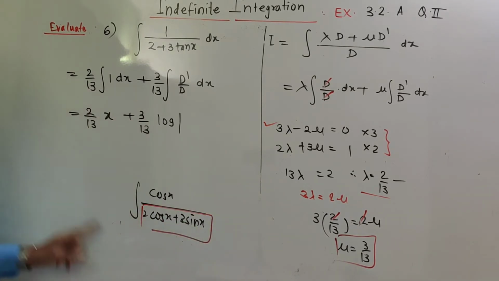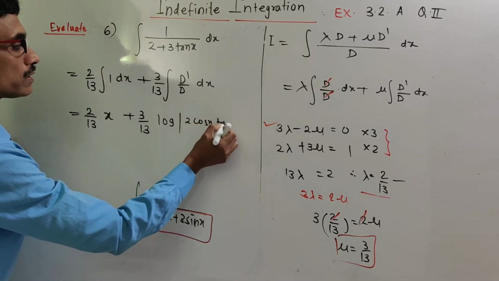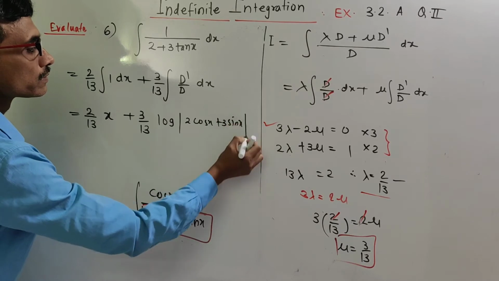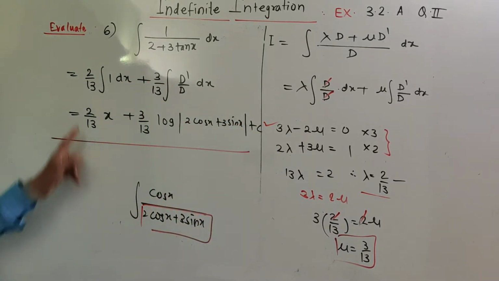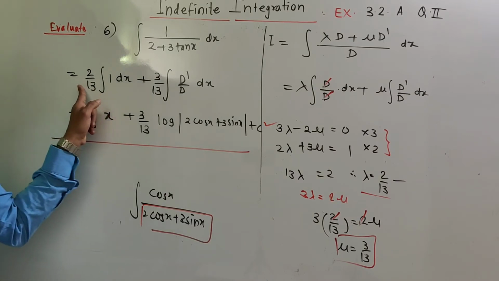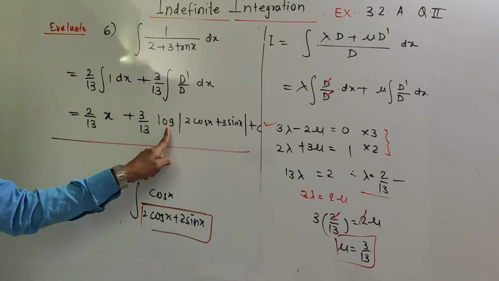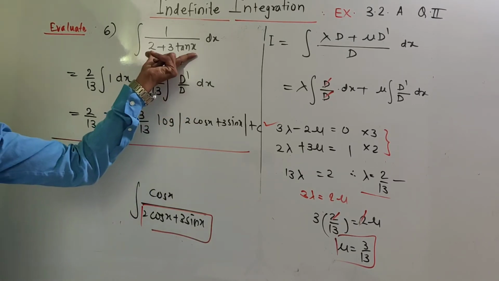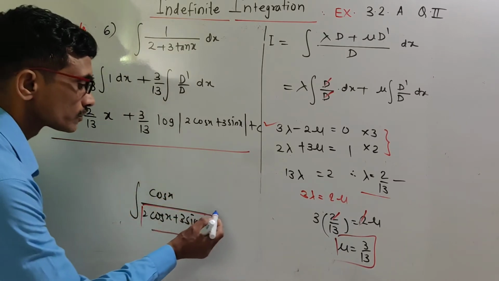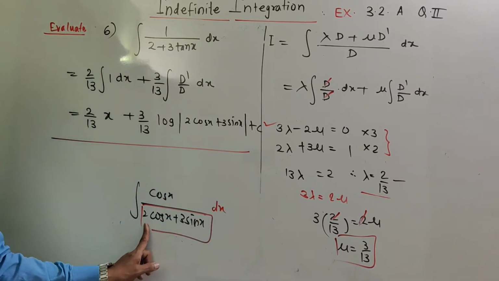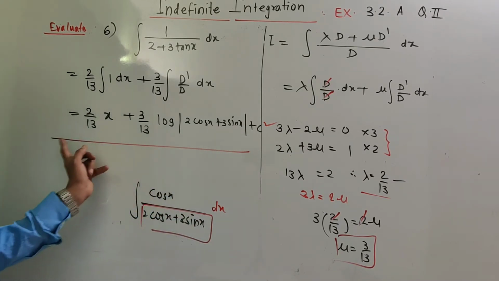So log of that will be log of 2 cos x plus 3 sin x plus c. This will be our answer. Lambda into 1 dx, that is lambda x plus mu into log of d. So our denominator is not the earlier one. Denominator after simplifying, you are getting 2 cos x plus 3 sin x. So this is the denominator, and this will be your answer.